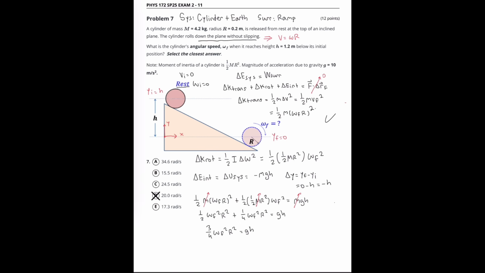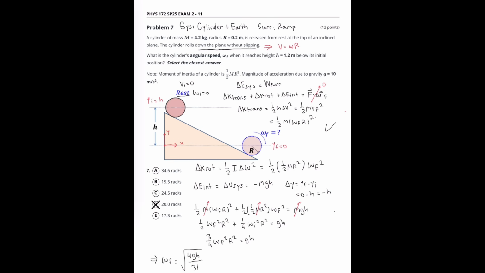And from that we can say that omega final is equal to the square root of 4gh divided by 3r squared. And when we plug in our numbers, we get the root of 4 times 10 meters per second squared times our height of 1.2 meters, divided by 3 times the radius squared.